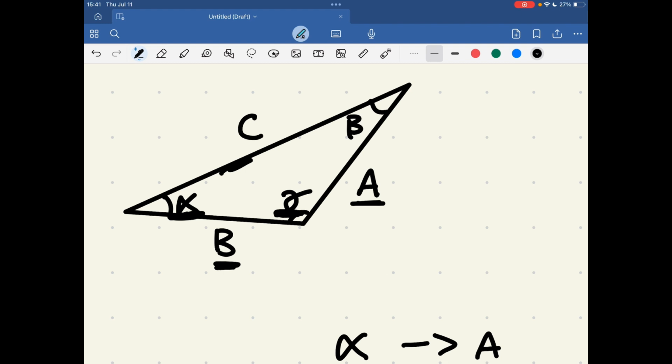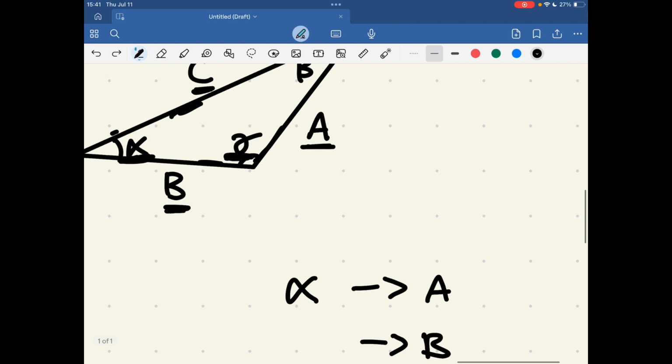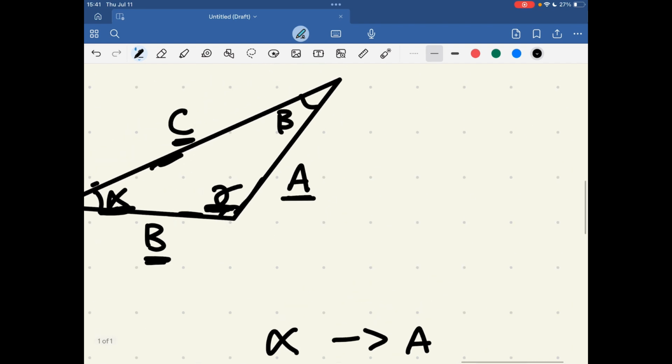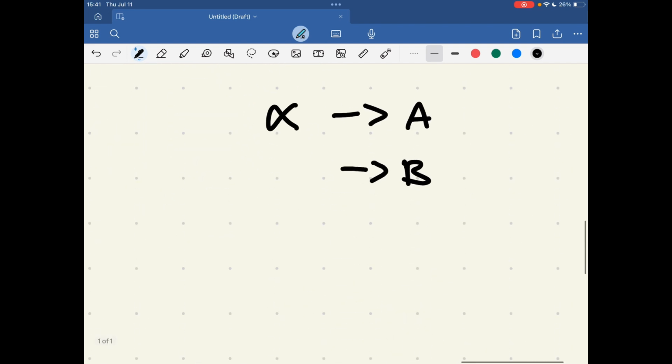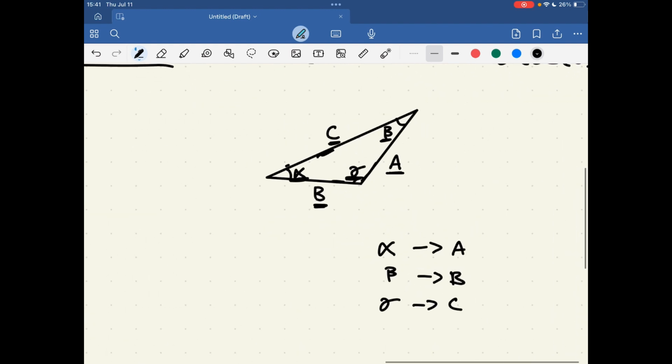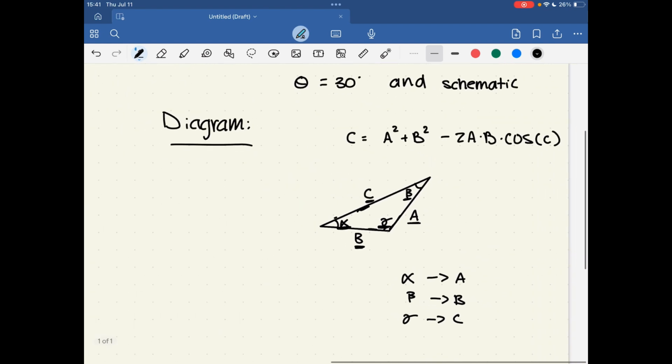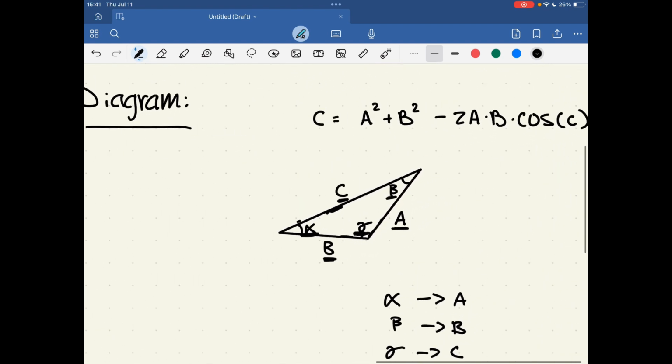No, because gamma belongs to C, because it opens these two sides up and creates the side C. So B belongs with beta. Gamma, we already know it belongs to C. So that's how you can sort of approximate which angle and which side correspond with each other.